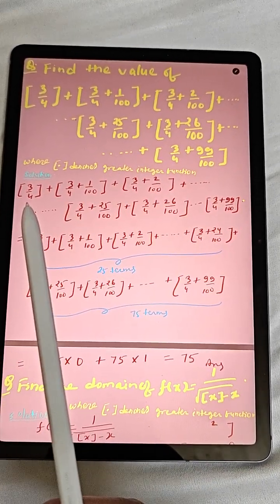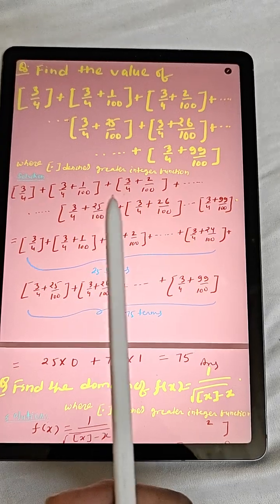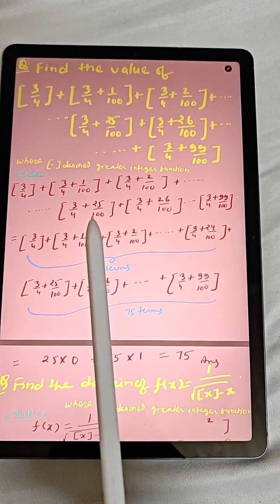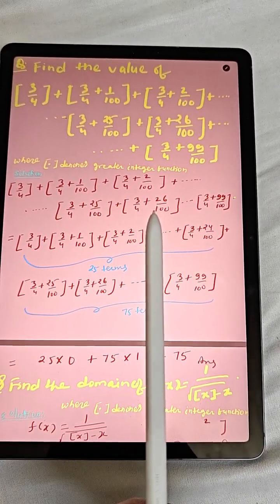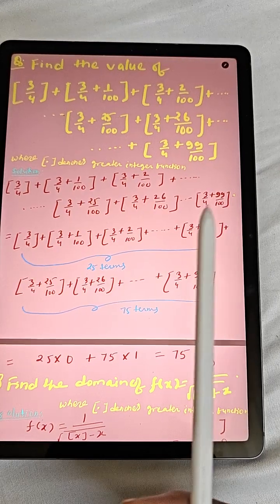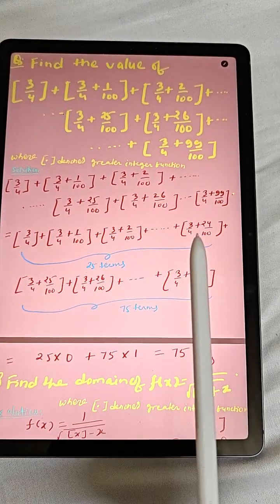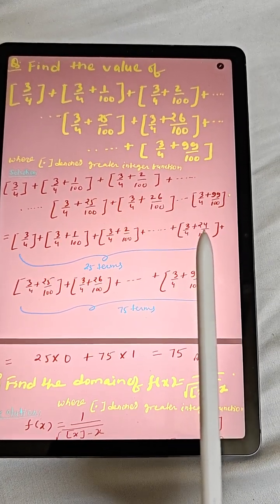We will arrange the given expression like this: up to 25/100, then 26/100 up to 99/100. So we will group it together up to 24/100. Why?